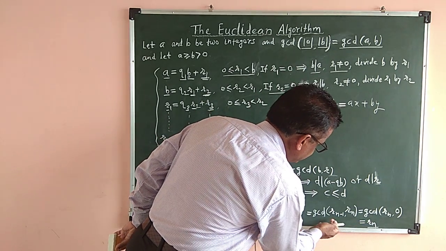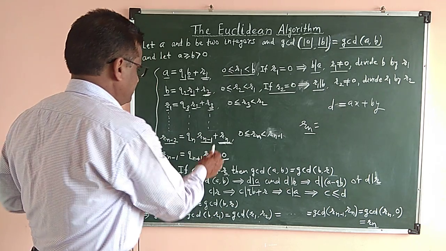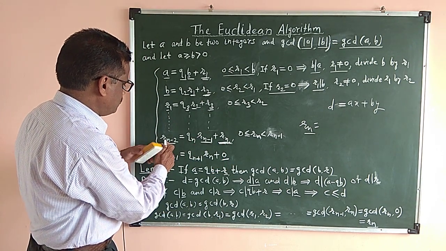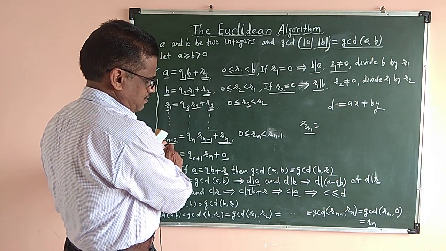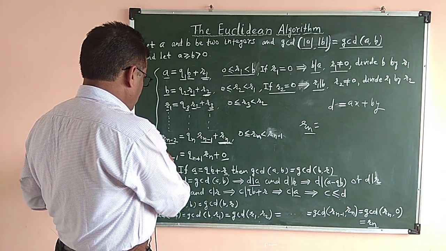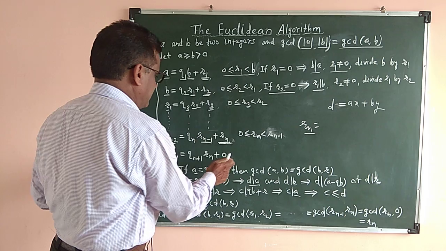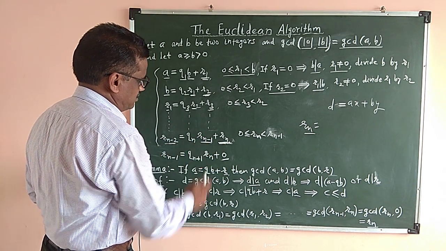That means Rn is GCD of Rn minus 1 and Rn. Also, Rn is GCD of Rn minus 2 and Rn minus 1. So from this, it is clear that Rn is GCD of Rn minus 2 and Rn minus 1.